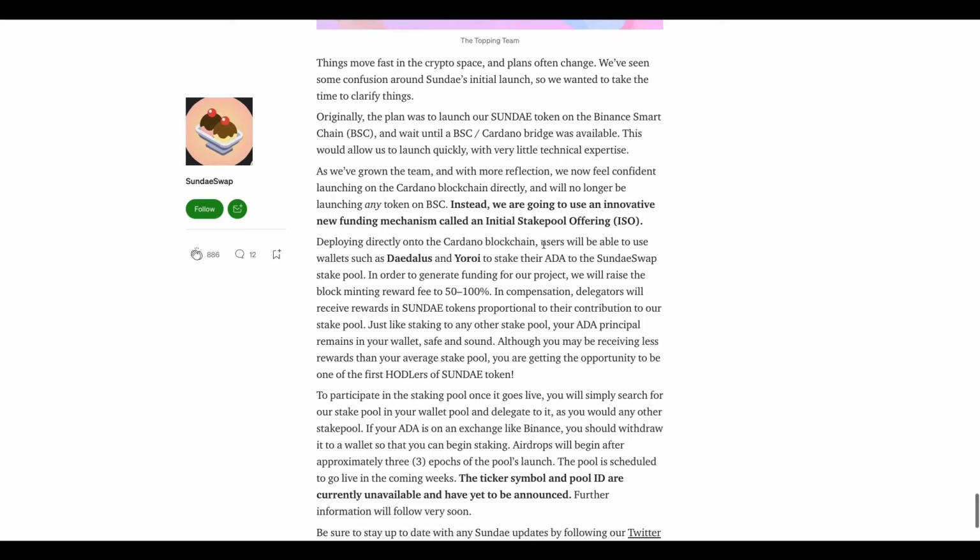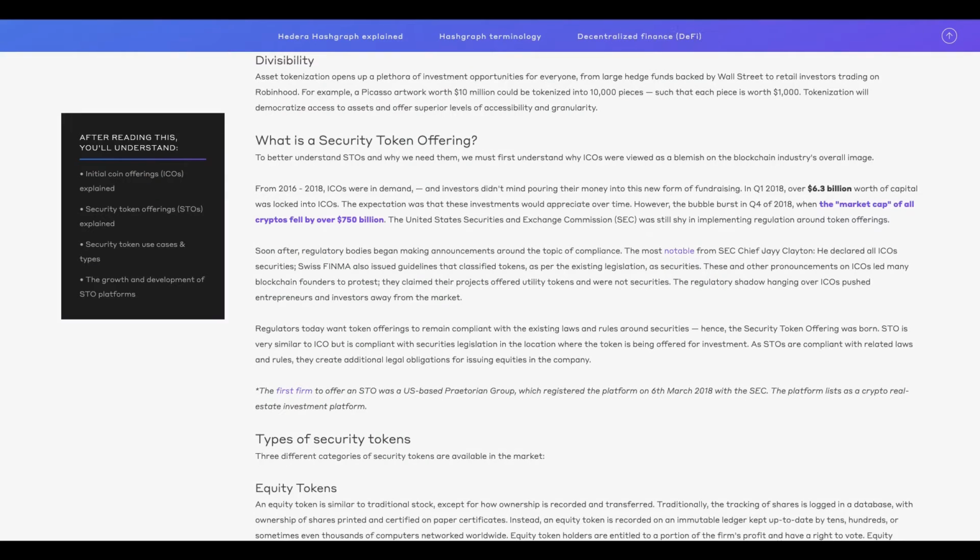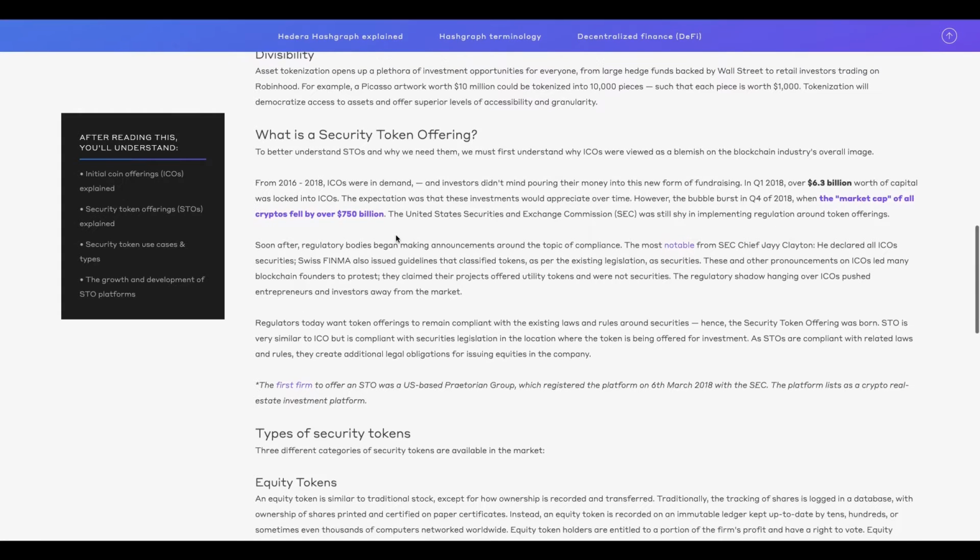Yeah, and now going into the last type of offering. This is one of the older models, I believe. It talks about ICOs from 2016 to 2018. Investors pouring their money into the new form of fundraising.